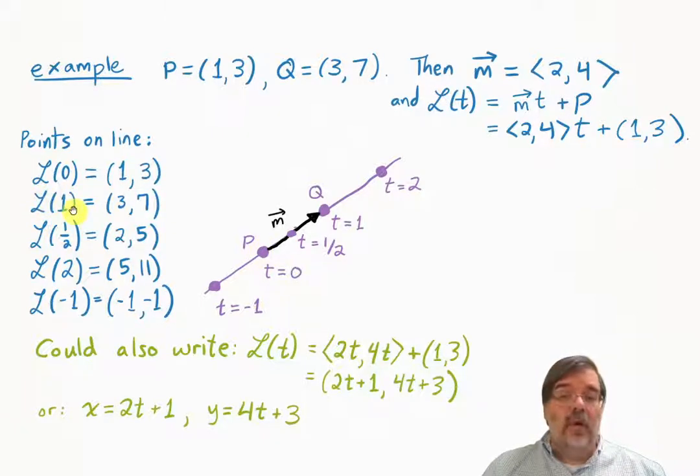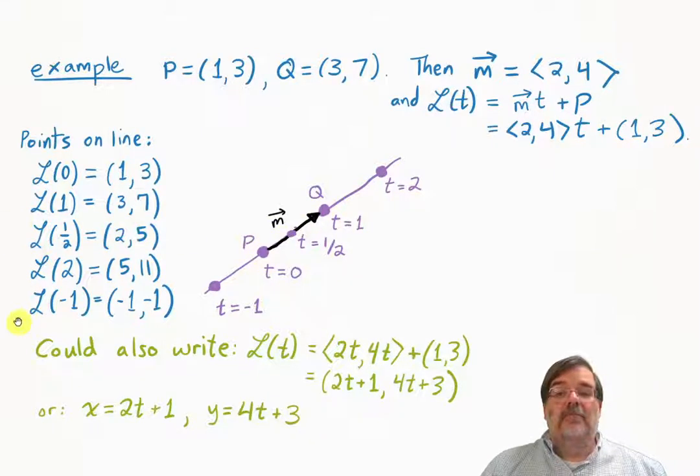Then L of 1, to calculate this, you would plug in 1 for t. So you'd have the vector (2, 4) times 1. That's the vector (2, 4). (2, 4) plus (1, 3) is (3, 7). And that actually is our point Q. So when t equals 1, you get this point on the line.